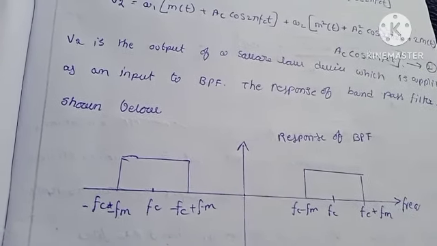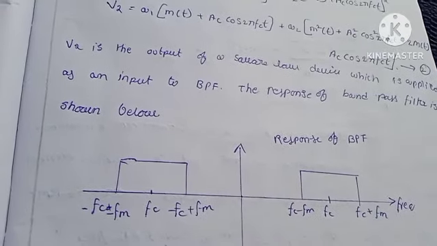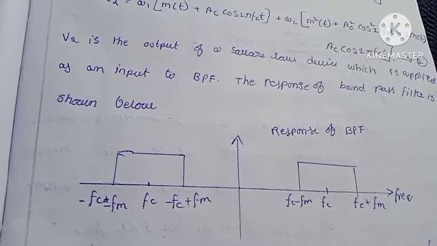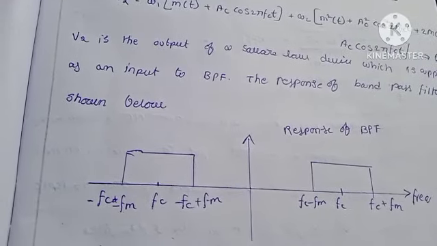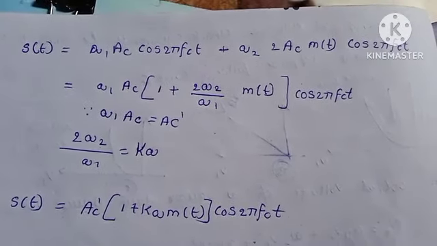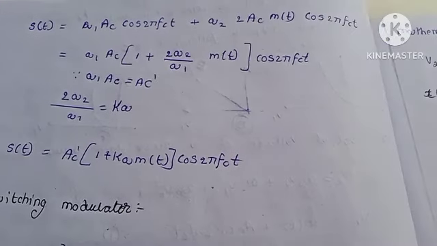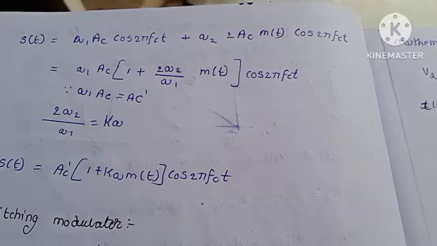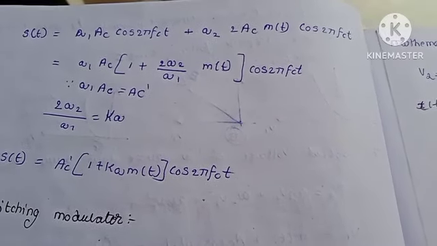Thus we obtain the modulated signal by using the square law device. This is the final expression of our required amplitude modulated signal.